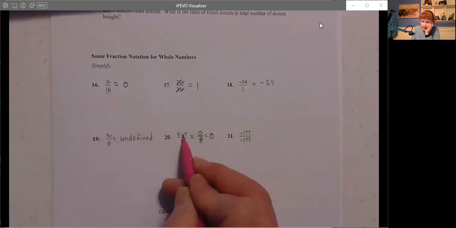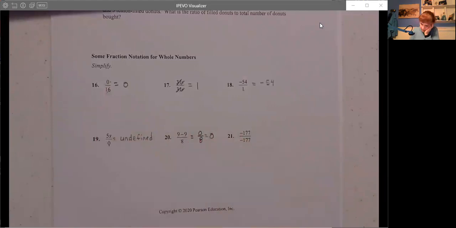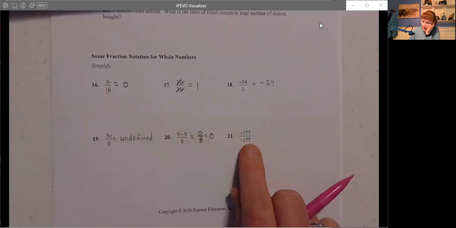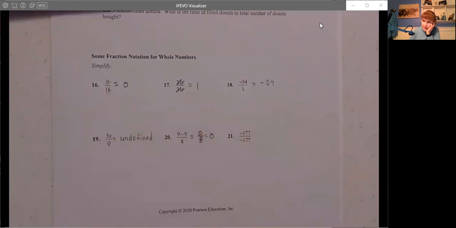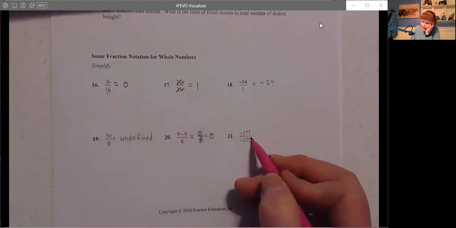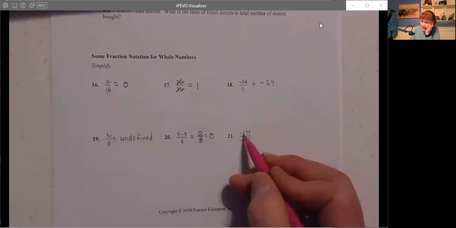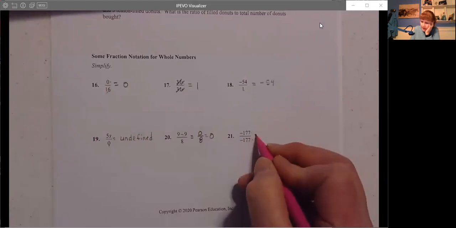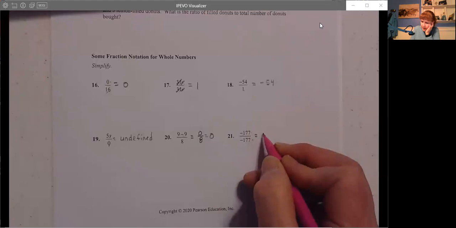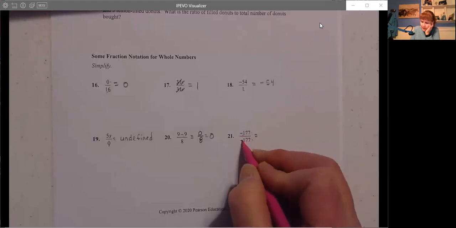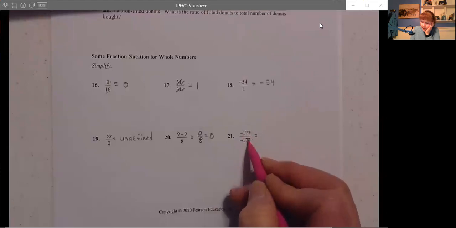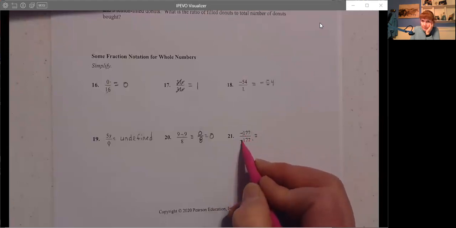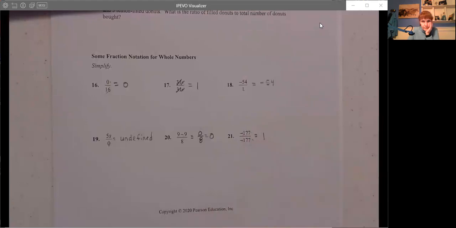I did take the 9 minus 9 to get 0. 21 is the same as 17. When these cancel, if you're reducing them by dividing both by negative 177, you're going to get a negative over a negative. This is a division, and you have 2 negatives, so it's going to be positive 1.